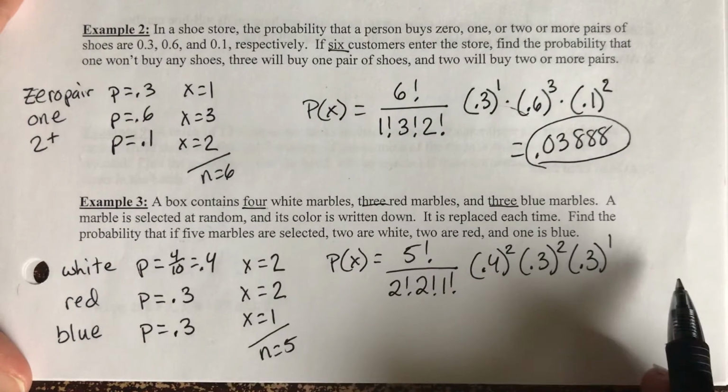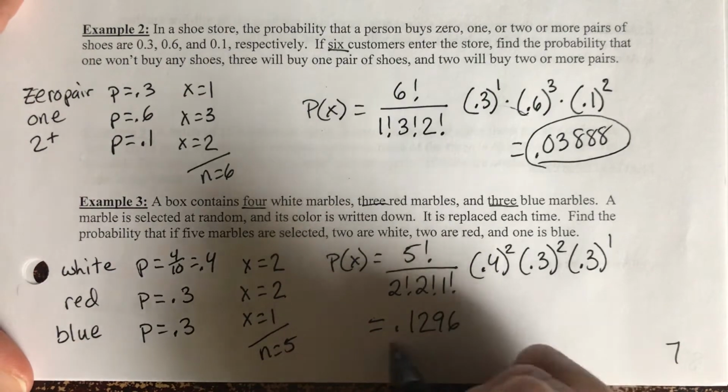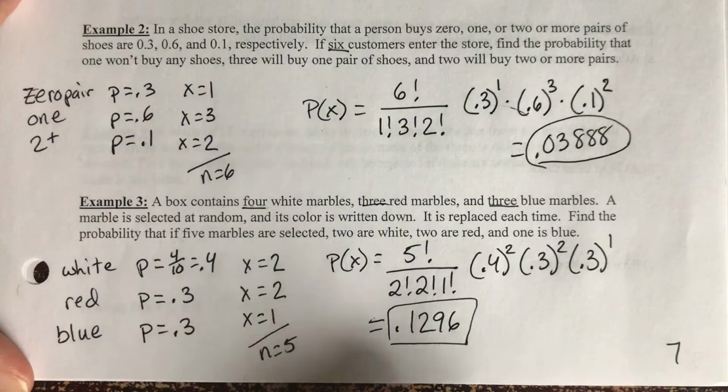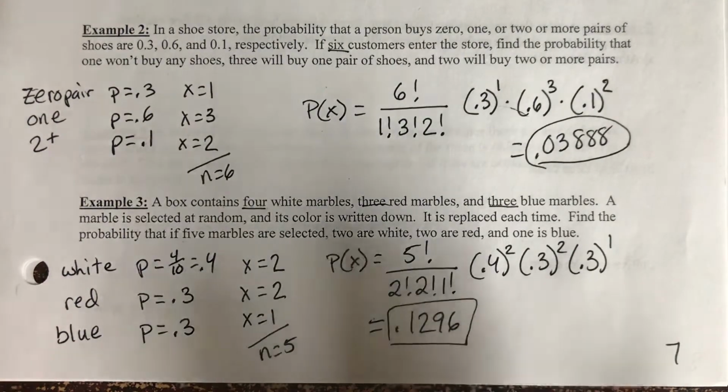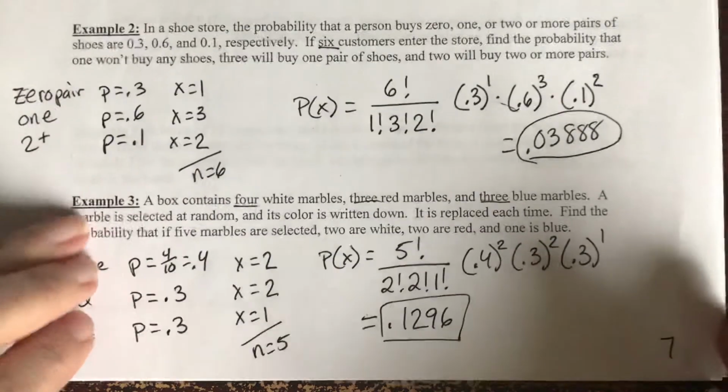When you put that all in your calculator, you should be getting an answer of 0.1296. If you don't know what I just did, or if you're having trouble, I need you to let me know so that I can help. You know I would love to help.